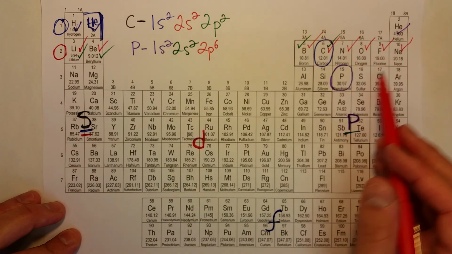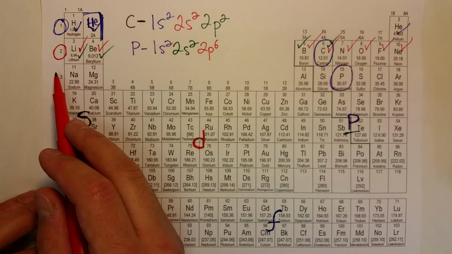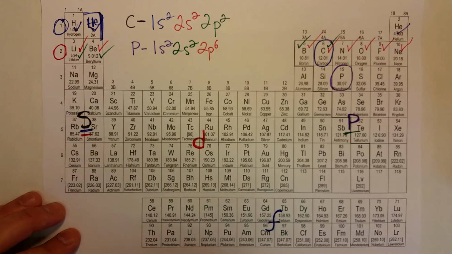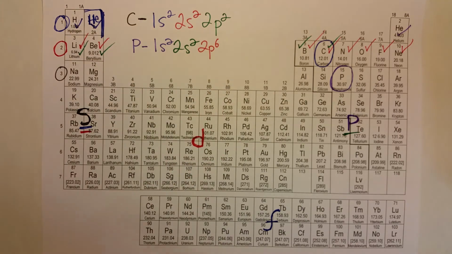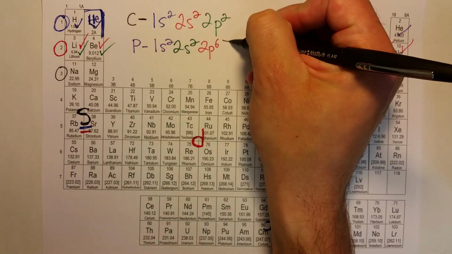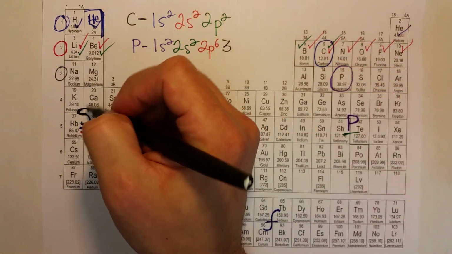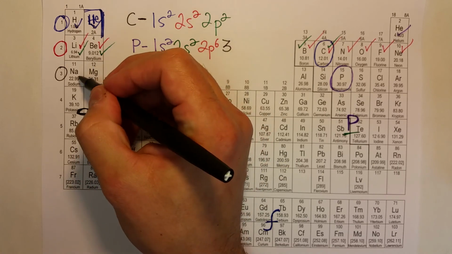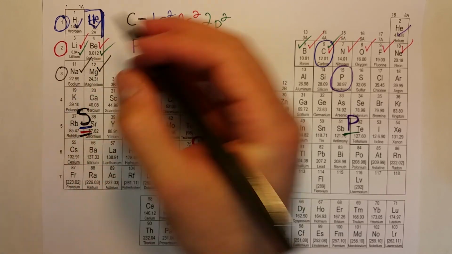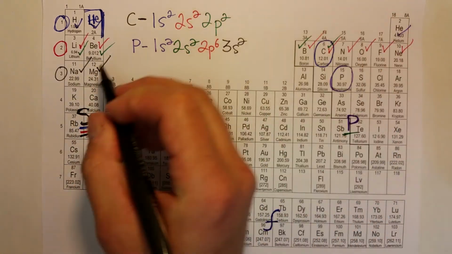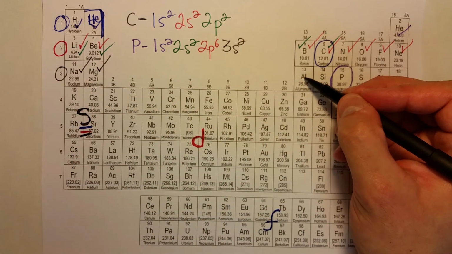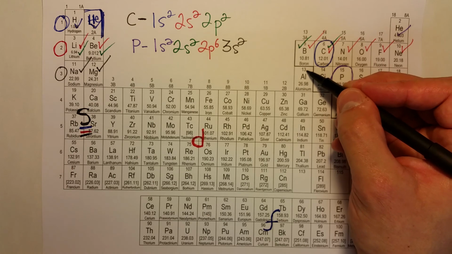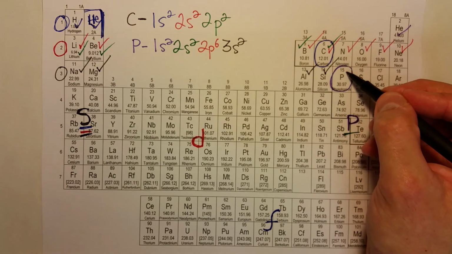But I'm going after phosphorus, so I've hit the end of the periodic table. I have to come down here. Now suddenly I am in period 3, so that's going to tell me that I'm in energy level 3 for my electrons. I'm back in my s block, so it's 3s1, 3s2. And I have to travel all the way over to my p block. So now it's 3p1, 3p2, 3p3.